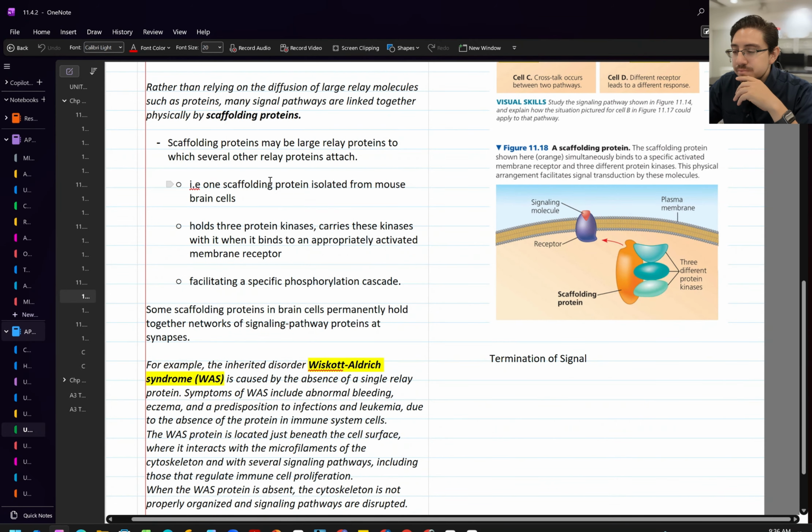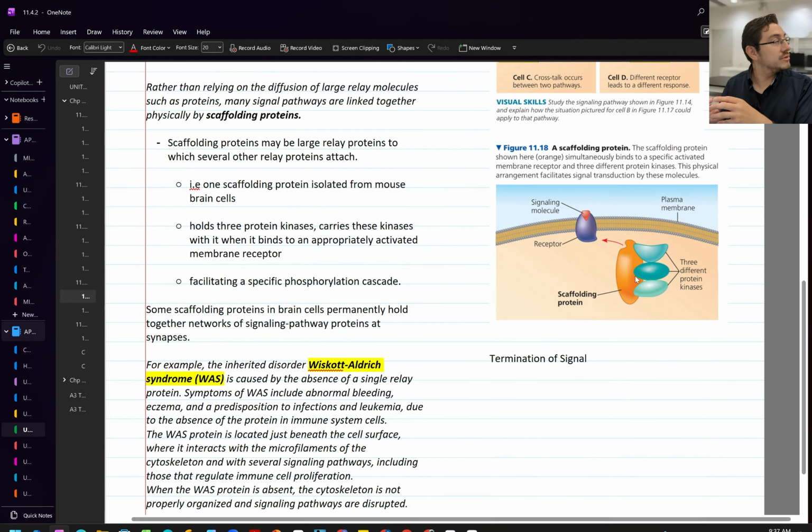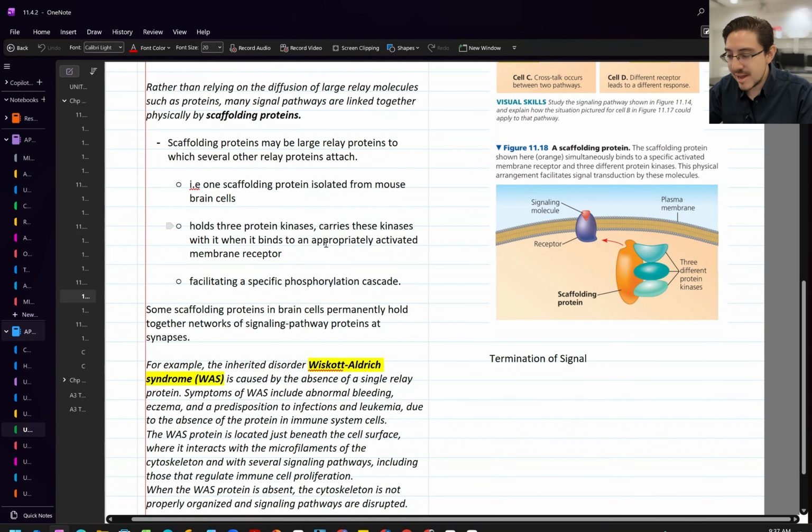So these scaffolding proteins, they could be large relay proteins, and they can have a complex where you have your scaffolding protein, and it can be carrying several kinases at once. They're in close vicinity, and if they're in close vicinity, you can enable them to quickly activate, so you can relay the signal pretty fast.